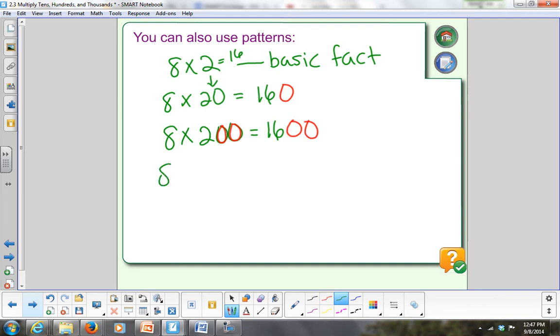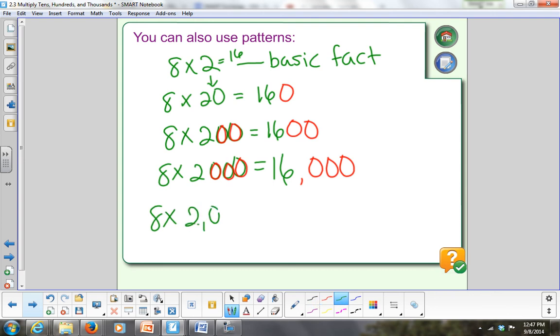What if I did 8 times 2,000? How many zeros did I add here? 1, 2, 3. So how many zeros am I going to have here? 1, 2, 3. What if I did 8 times 2 million? What do you think that might be?